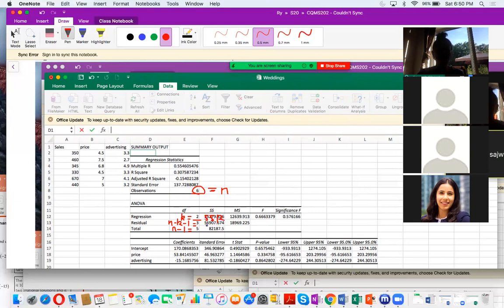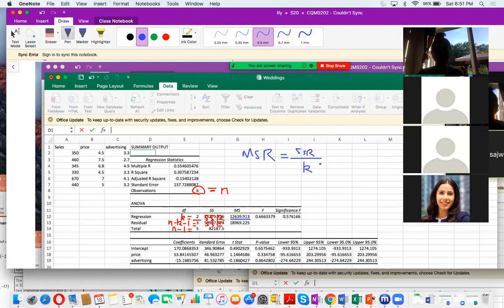The number below it is the sum of squares due to error, SSE. And the next column is MS. The first number here is MSR. MSR equals SSR divided by K. You need to know this.